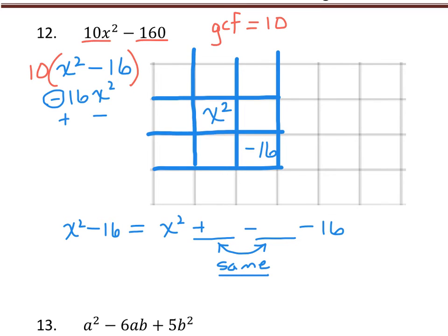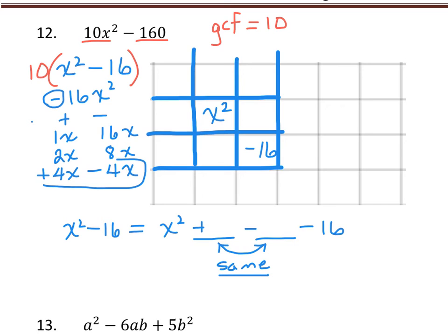But we'll still start with our factors to make sure we don't miss any. So 16 is the product of 1 and 16, so that would be 1x and 16x, or 2x and 8x. 3 doesn't work. 4x and 4x. And since those are the same and one's positive and one's negative, we have found the ones that we're looking for.